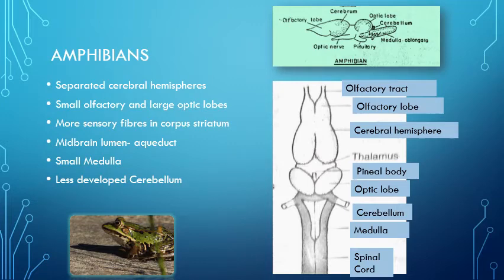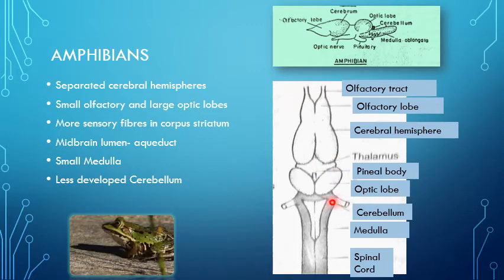Next is the brain in amphibians. In amphibians, you can see that there is separation in these cerebral hemispheres here. They have a small olfactory lobe while larger optic lobes. The pineal body is present. Thalamus, which is a part of the diencephalon, is also present here.